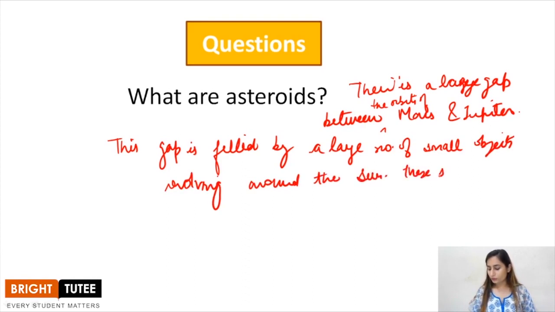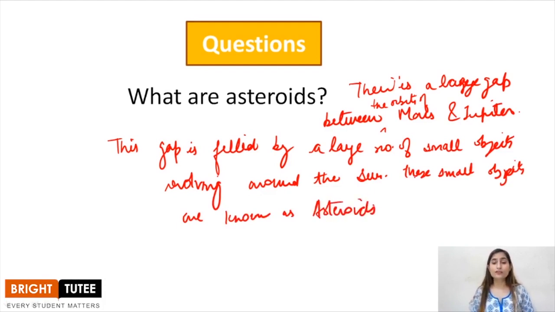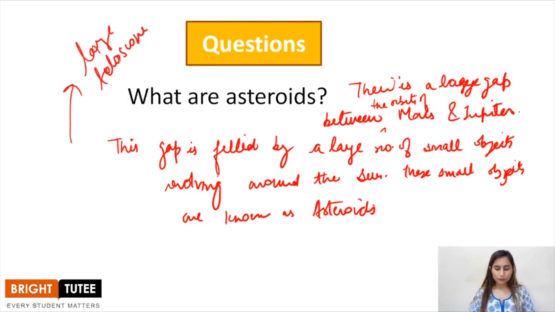These small objects are known as asteroids. Basically, there is a large gap between the orbits of Mars and Jupiter, and in this gap there is a large number of objects which are revolving around the sun, and these small objects are known as asteroids, and they can be only seen with the help of a large telescope because they are very small, so we need a bigger telescope to watch them.